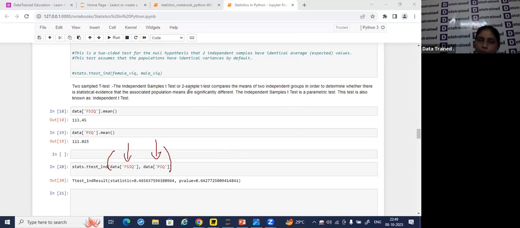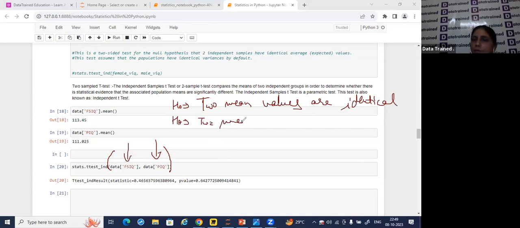That I want to prove. So by default, H0 is: the two mean values are identical. And HA is: the two mean values are not identical.